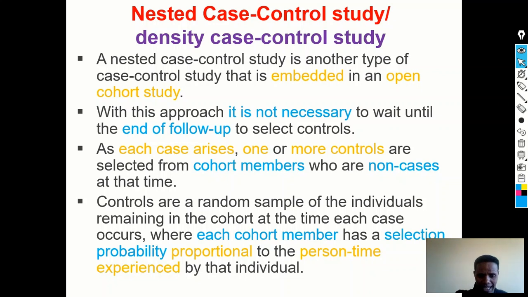So controls are a random sample of the individuals remaining in the cohort at the time each case occurs, where each cohort member has a selection probability which is proportional to the time experienced by that individual. For example, if a case is staying in the follow-up for 5 years, a control with a follow-up of 5 years will be selected.